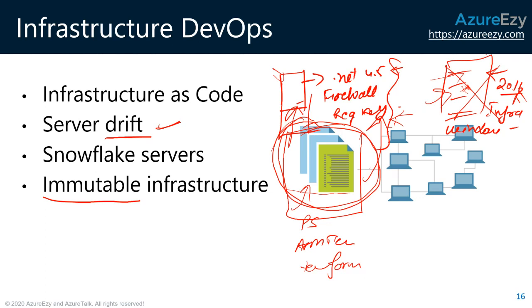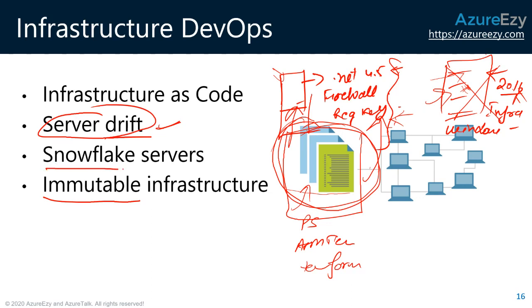But in the case of infrastructure, that was not the case, because there was no script, there was no infrastructure as code. It was all manual. Someone followed some Word document, some PDF document, and they created this using the portal, going through the RDP and all those things. And that's why they cannot redo this by just running a script. They have to find out the problem. And that's the thing which server drift did.